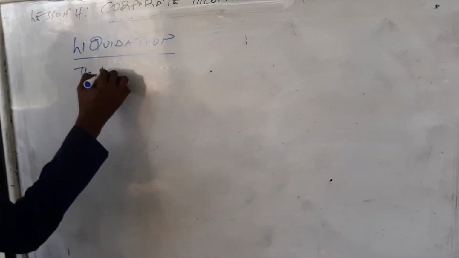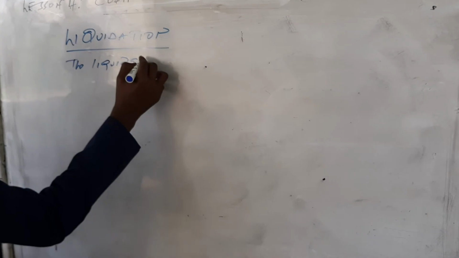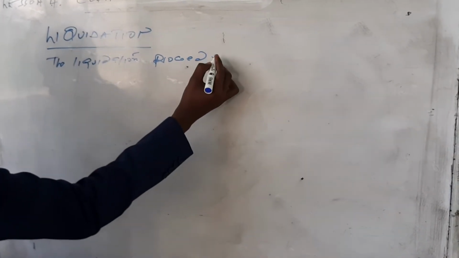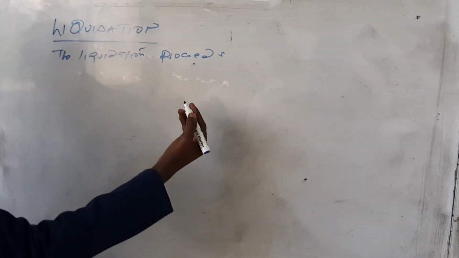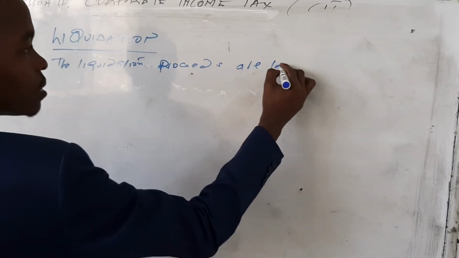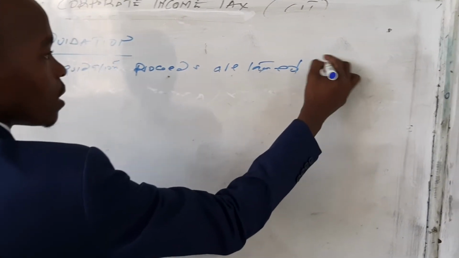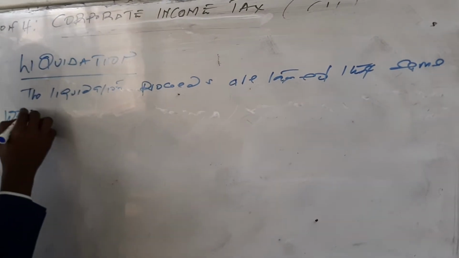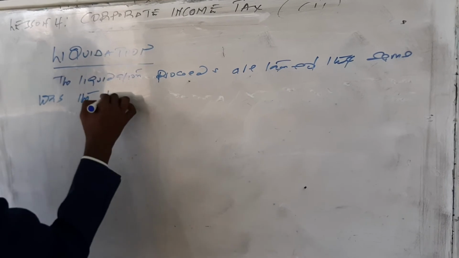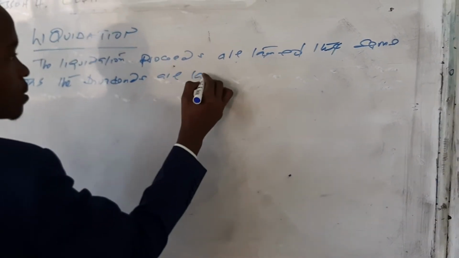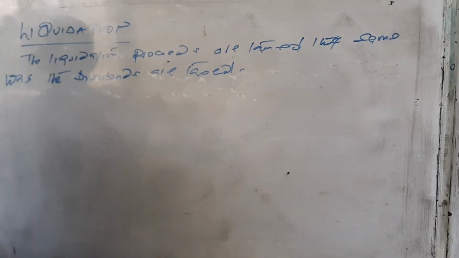The liquidation proceeds are taxed the same way the dividends are taxed.